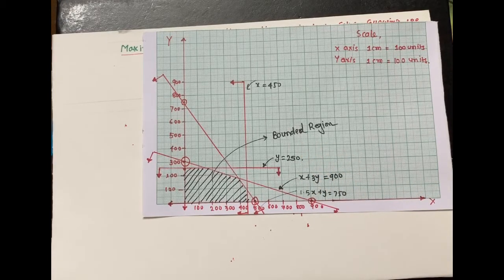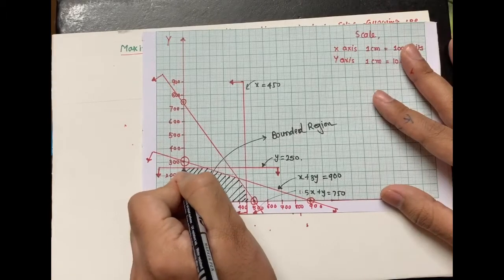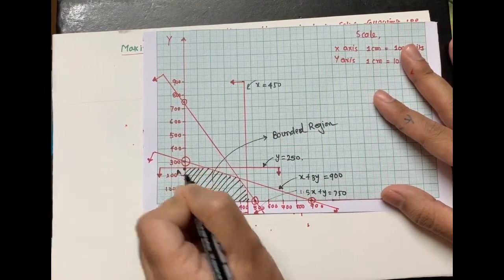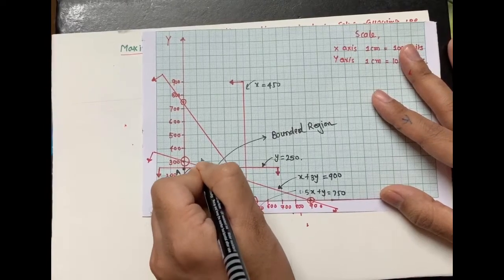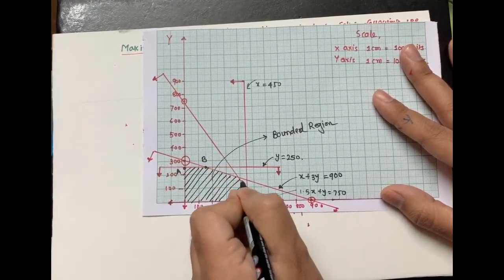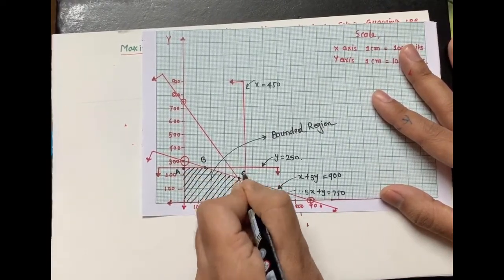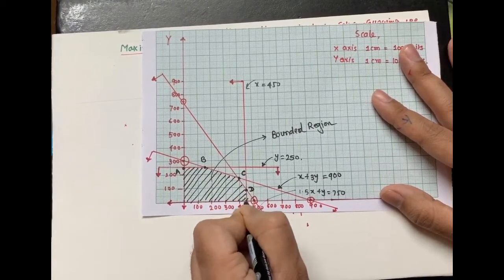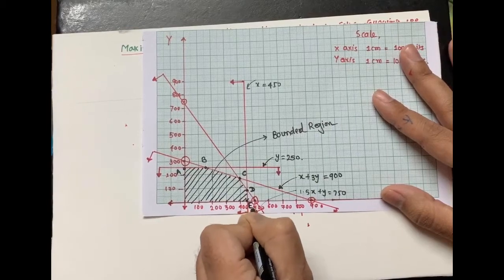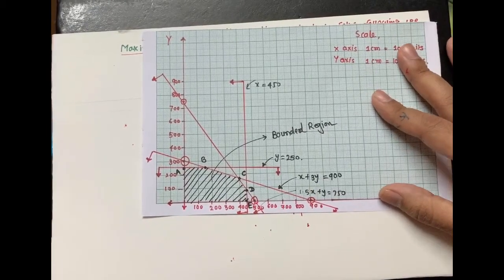Now in this bounded region, how many points of this polygon am I getting? See, 1 point I am getting here, I am labeling it as A. Second is this point, that is B. Third one is this, that is C. Fourth one is this, D. Fifth I am getting over here, that is my E. I have got 5 points.